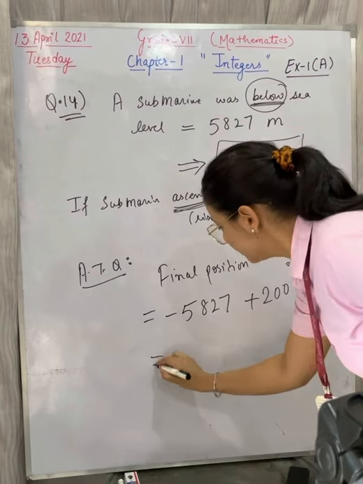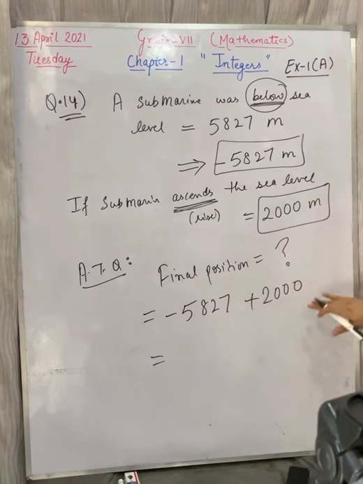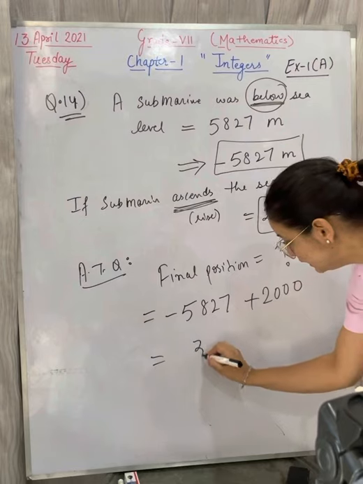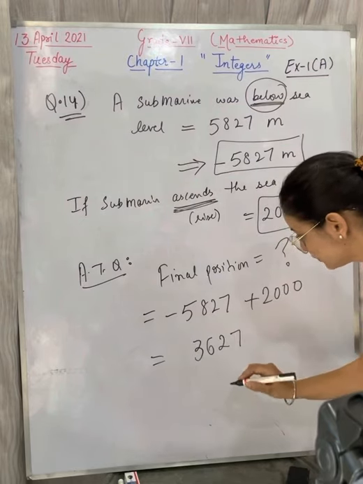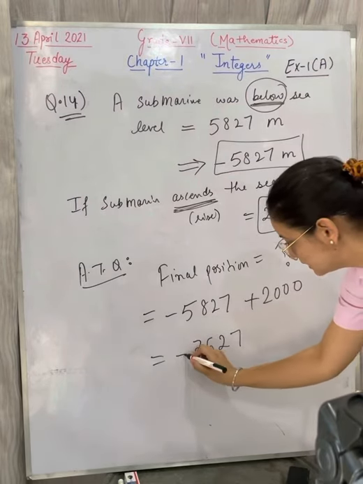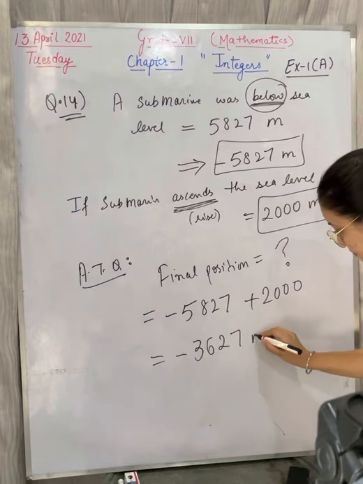Now what will I do? It is minus, it is plus. Will I do addition or subtraction? Yes, subtraction. My answer will be equal to 3627, and it will come in minus.